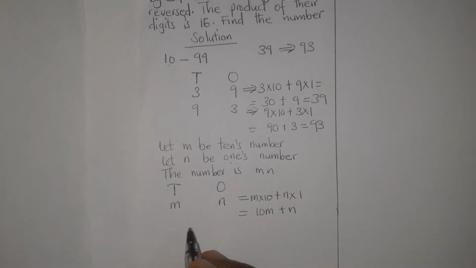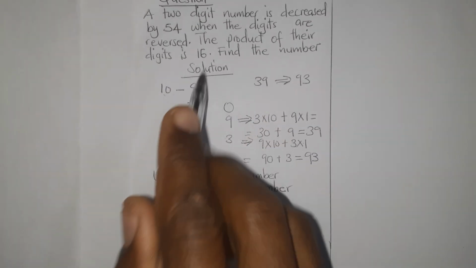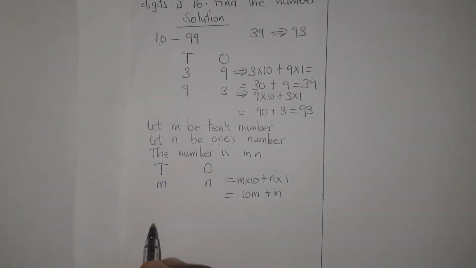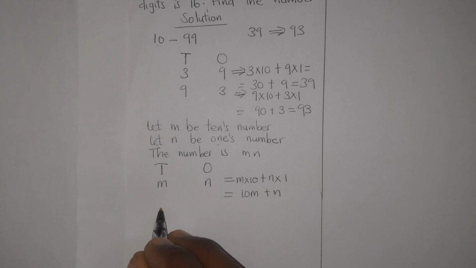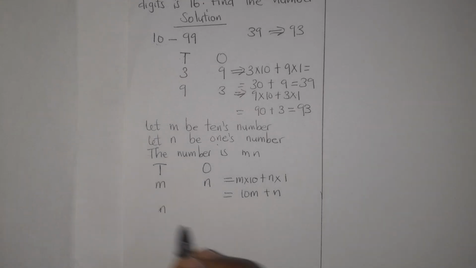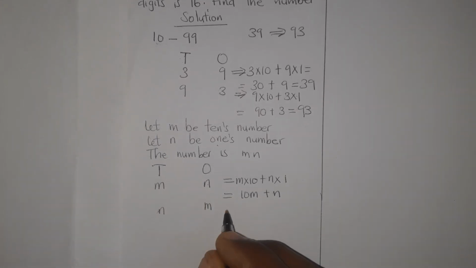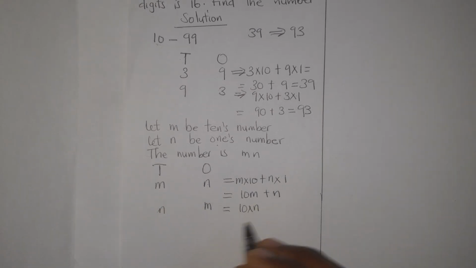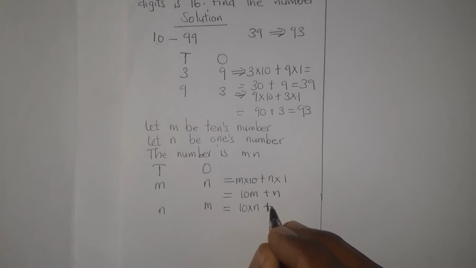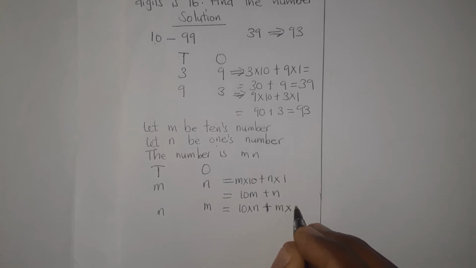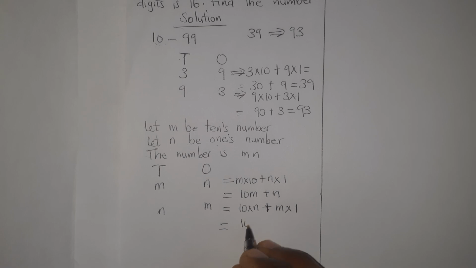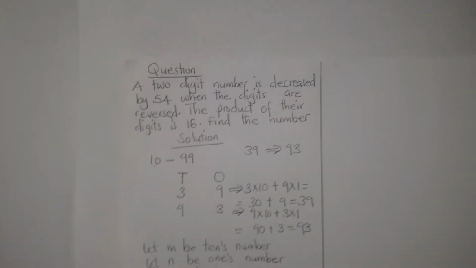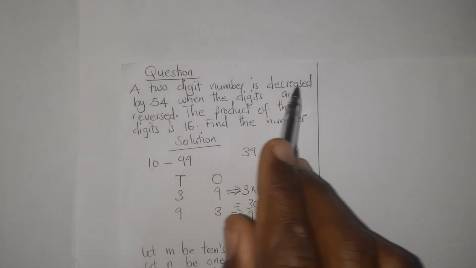Again, the question says the digits are reversed. So let's find the reverse. In the reverse of this number, we have n under tens and m under ones. The actual number is n multiplied by 10 plus m multiplied by 1, which gives 10n plus m. Now let's go back to the question. A two-digit number is decreased.